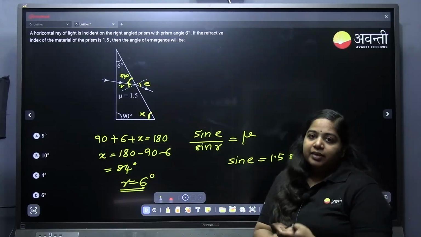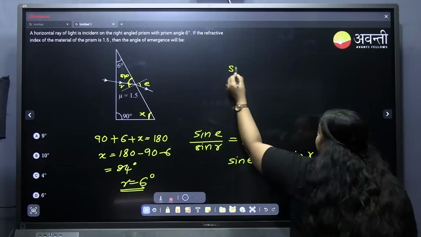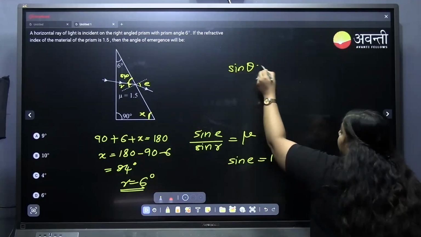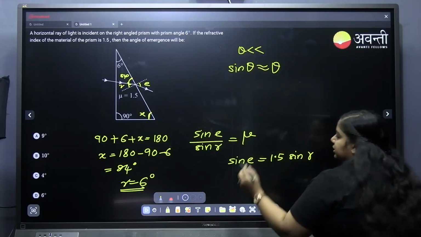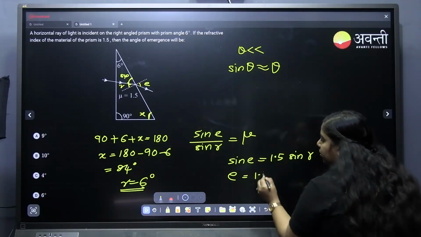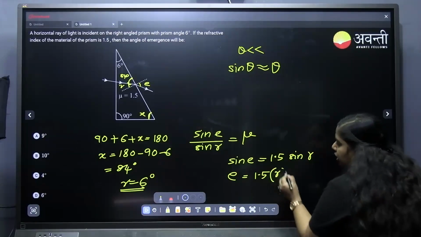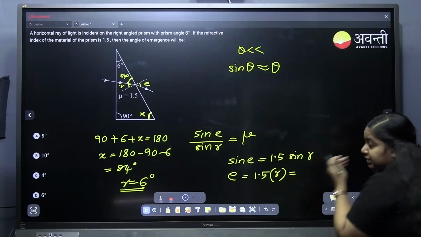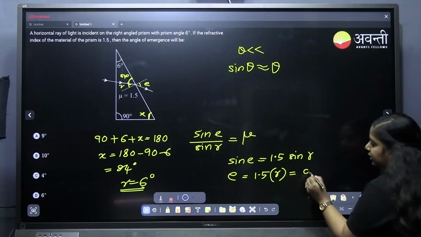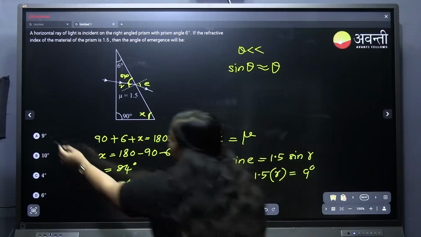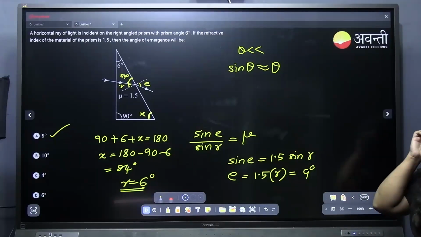Since angle is very small, we have to assume that sin theta approximately equal to theta if theta is very small. So this side we can assume E equal to 1.5, E will also be a small value, 1.5 into R. R we got as 6. 6 into 1.5, 3 by 2. We can write it as 9 degree. Answer is option A. Okay. Is there any doubt in this?